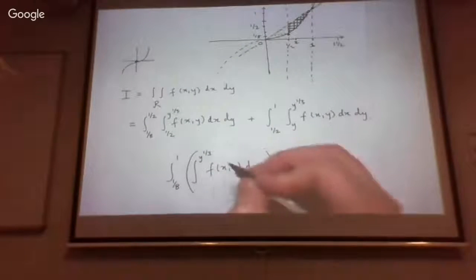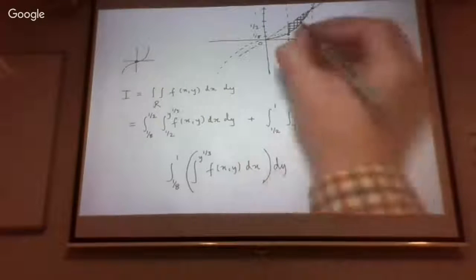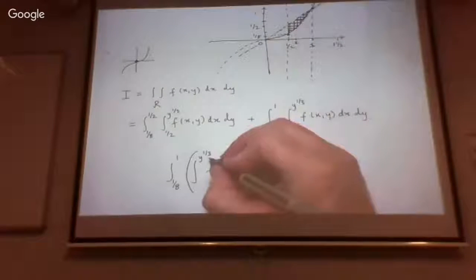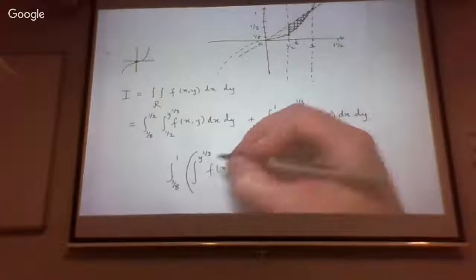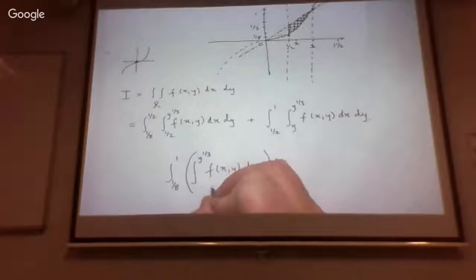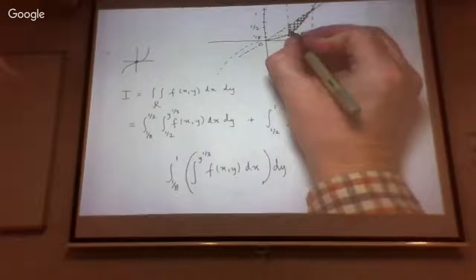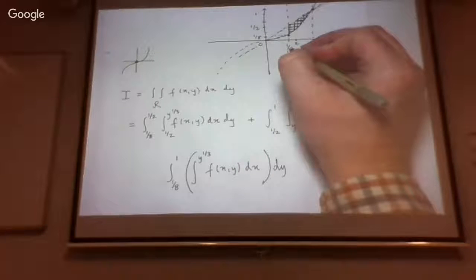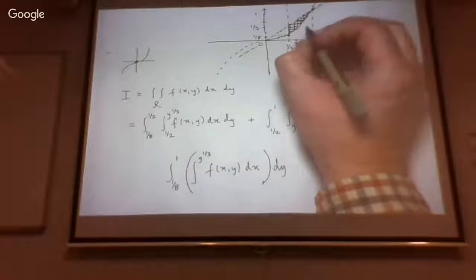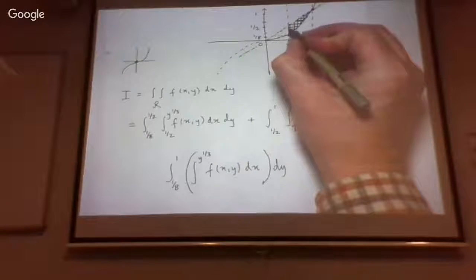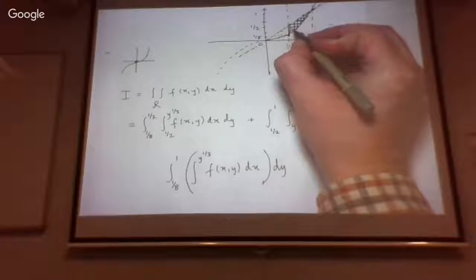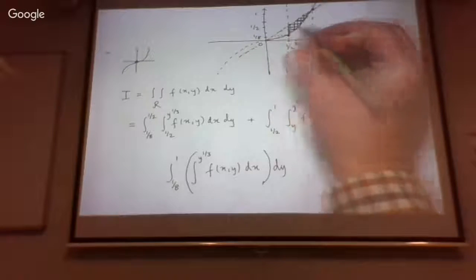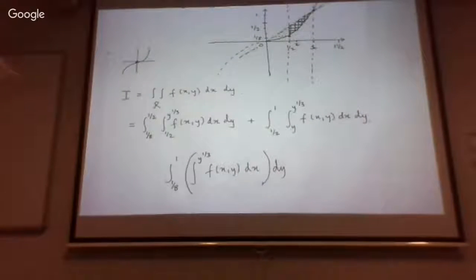So these horizontal x strips always end at the value cube root of y. So that's fine. But when we attempt to fill in this bottom limit, we run into a problem. Because some of the horizontal strips down here are actually all beginning at x equals a half, because the boundary has this straight vertical side here. So these x strips always begin at x equals a half. So I kind of want to put a half down here.